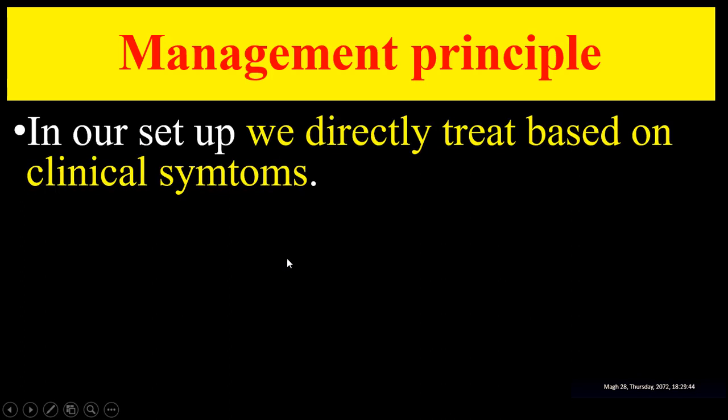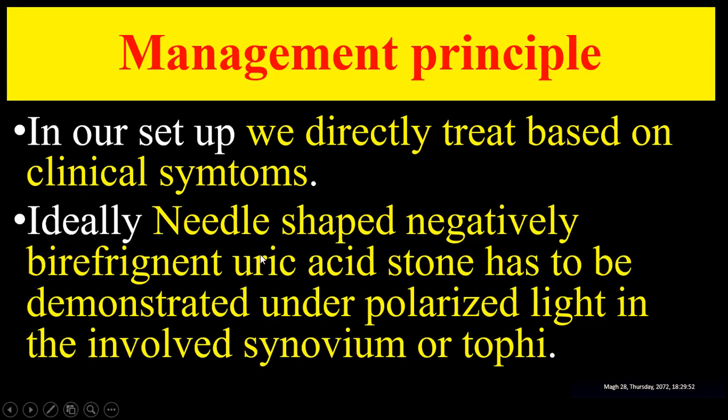Management principle: in our setup, we directly treat based on the clinical symptoms. We directly treat the patient, but what is needed is we have to demonstrate these needle-shaped crystals, negatively birefringent. That means the crystal itself doesn't glow and the surrounding glows.